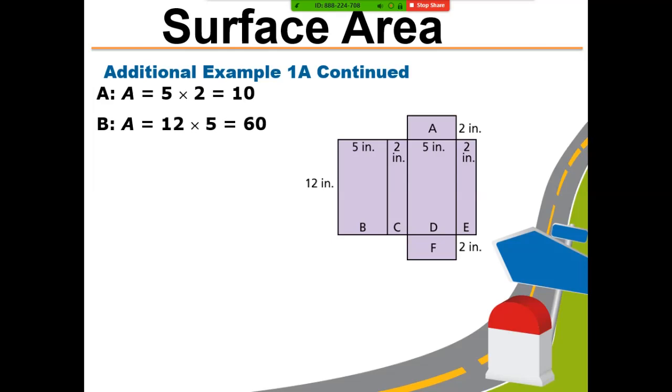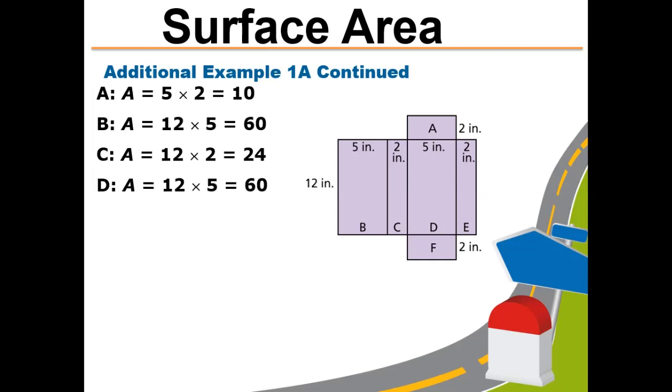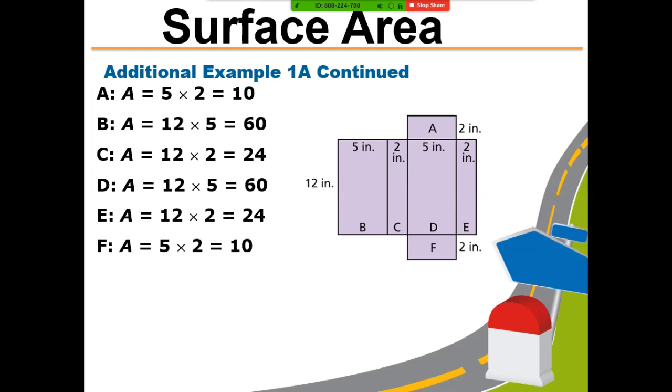And I will do the same with all of them. To find C, I have 2 dimensions, 2 and 12. 2 multiply 12 gives you what? Yes, 24. The area of D will be 5 multiply 12 equals 60. E, 2 multiply 12 equals 24. F, the last one down here, has 2 dimensions also, 2 and 5, so it will be 10.